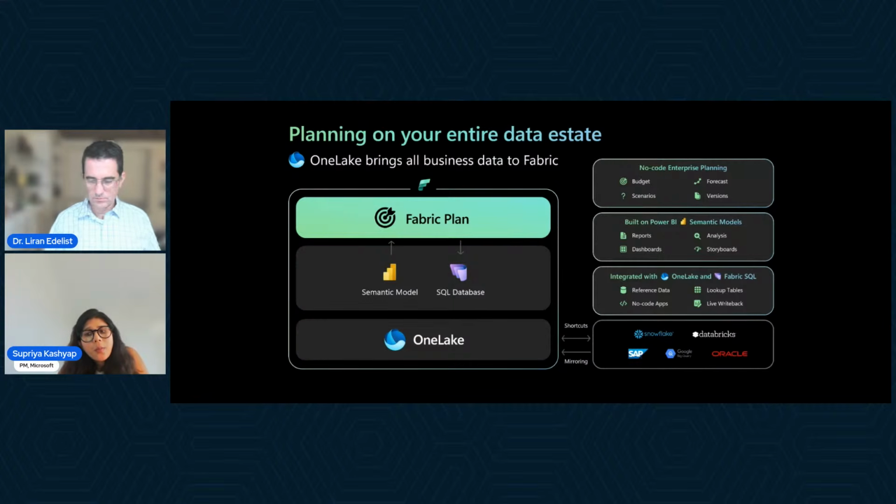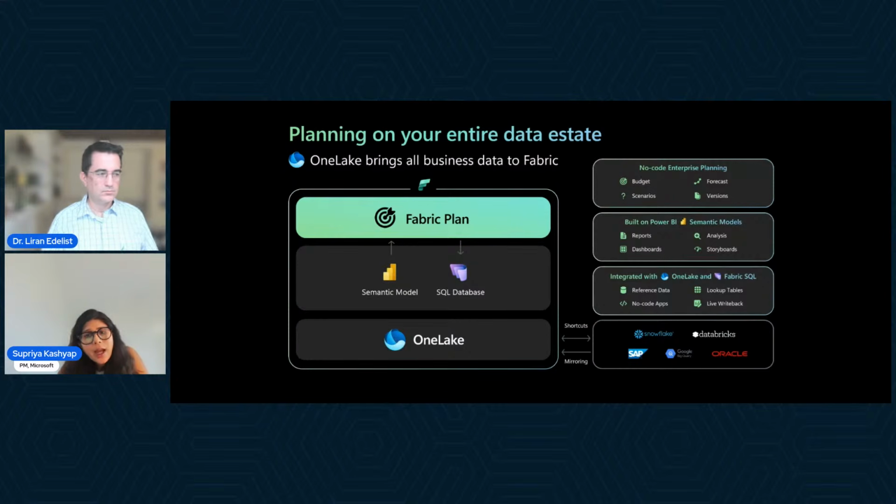Now, on top of OneLake sits the semantic model. Power BI is something that all of you would be familiar with. Power BI gives you these semantic models that capture the unique context of your business. As we speak, there are more than 22 million semantic models in production and counting.